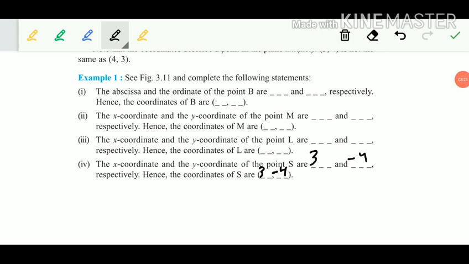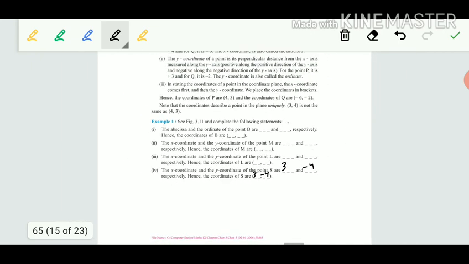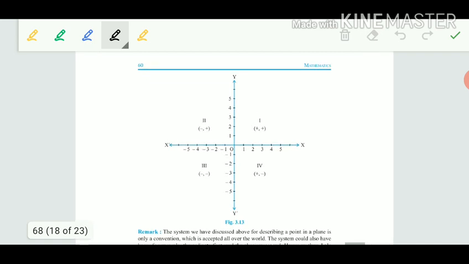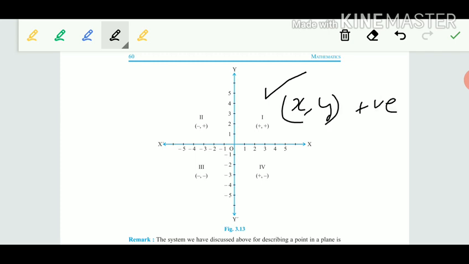This is how to find the values of the coordinates in the Cartesian plane. When you solve example number 1, you observe that for the points lying in the first quadrant, the values of their coordinates are always positive. The values of both x and y coordinates are positive.